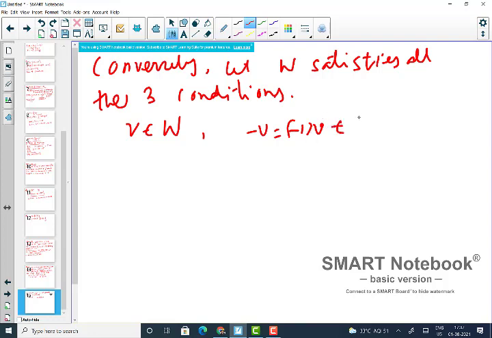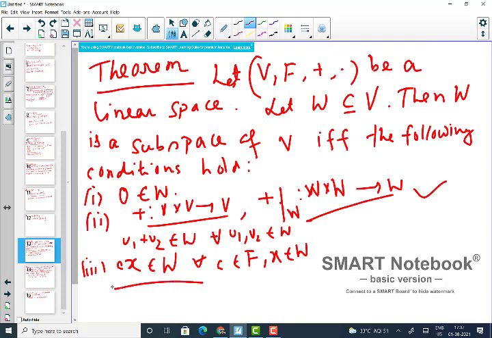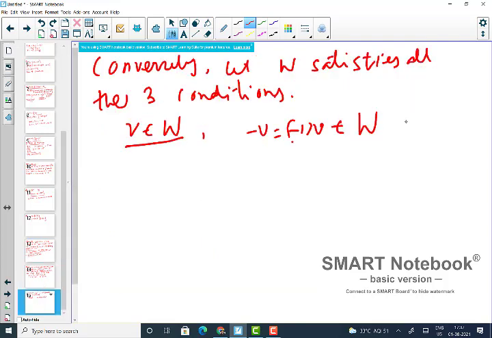So this is again an element of W, right? Because whenever v belongs to W, any constant multiple will again be an element of W. That is condition 3. So we are using the third property.